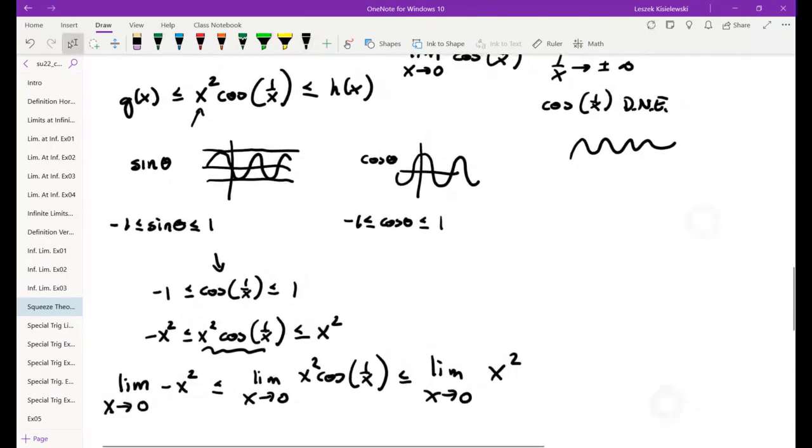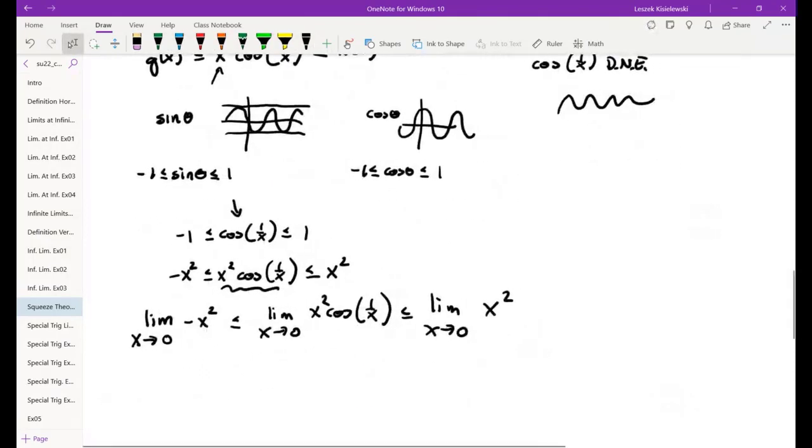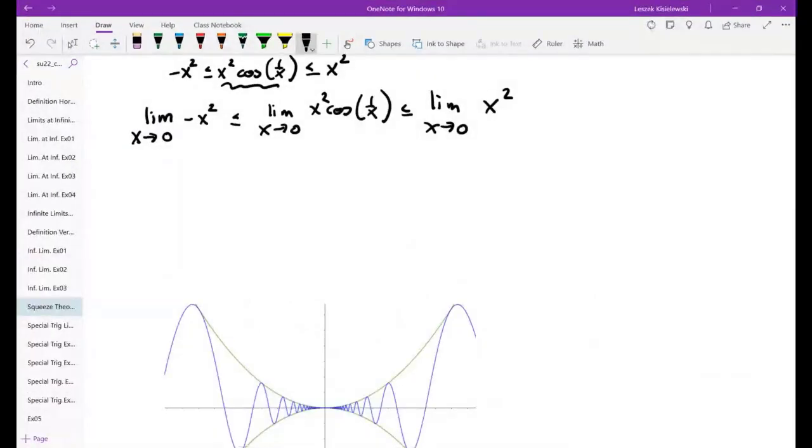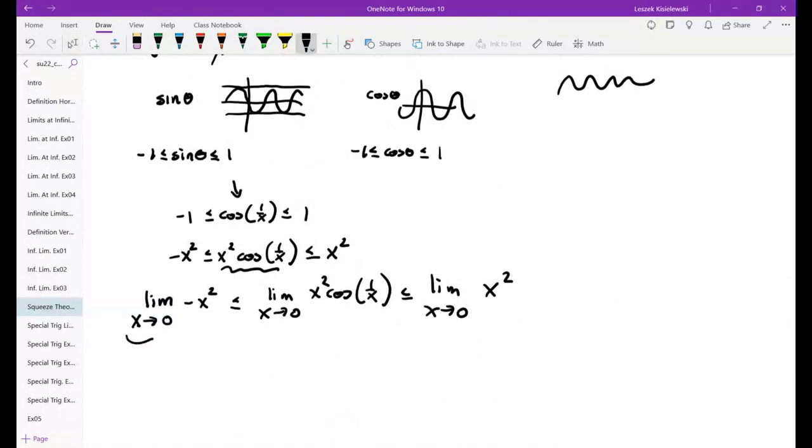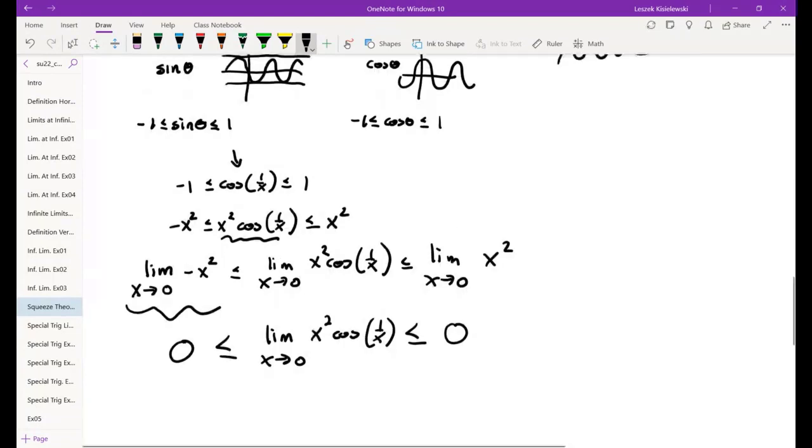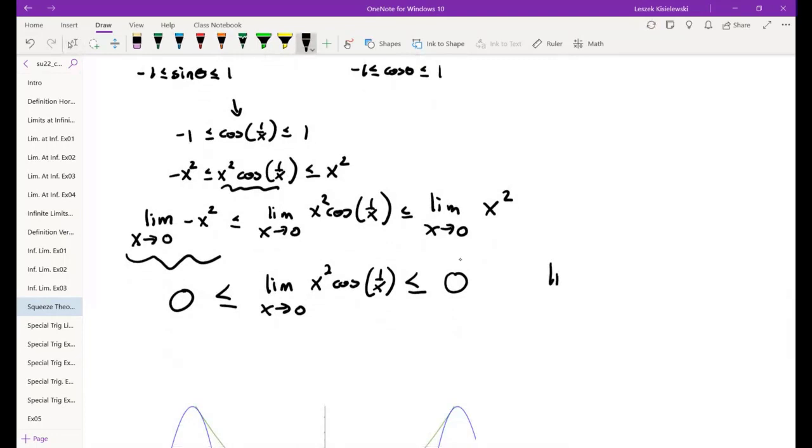We see that as x goes to 0, minus x squared goes to 0, and likewise x squared also goes to 0. So the limit of the thing in the middle has to be 0 as well. The limit of x squared times cosine of 1 over x is some quantity between 0 and 0, so it must be 0 by the Squeeze theorem.